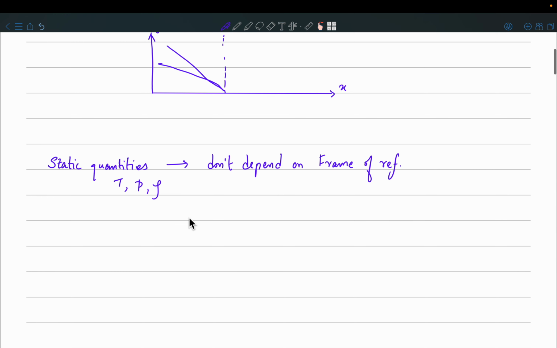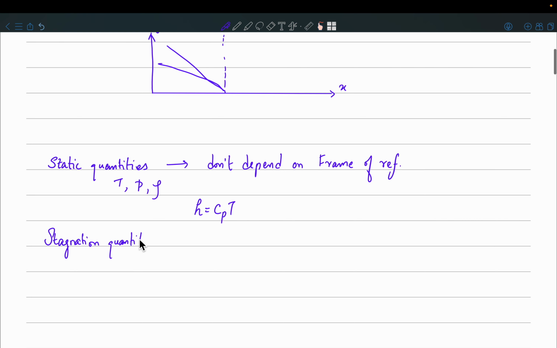Why will enthalpy depend? What is the formula for enthalpy? Stagnation. Okay, so not just enthalpy, all the stagnation quantities will depend on your frame of reference, isn't it?